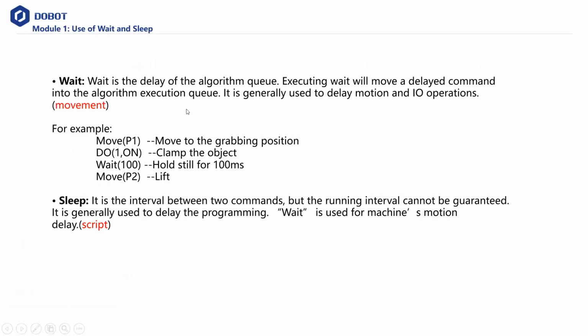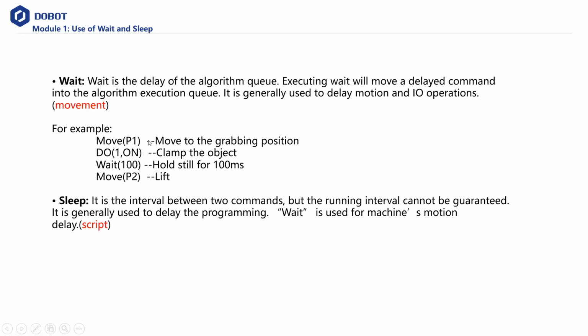And then there is Wait and Sleep. Okay, the Wait is the delay of the algorithm queue. Executing Wait will move a delay command into the algorithm execution queue, and it's generally used to delay motion in IO operation.